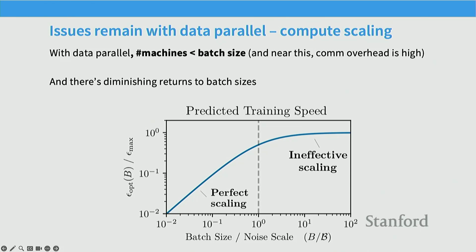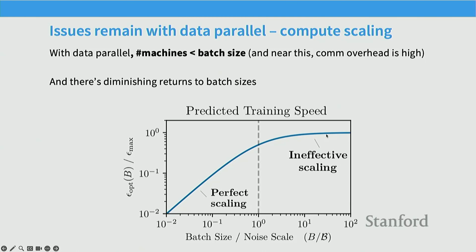And so this means that if there are limits to your batch size, you stop being able to use data parallel. And there are diminishing returns to batch sizes. In assignment 1, you may have played with varying batch sizes, but you kind of know that as you crank up the batch size past a certain point, you start to see fairly rapid diminishing returns to your optimization rates. And there are lots of papers written on this.